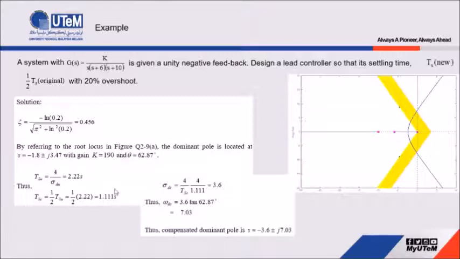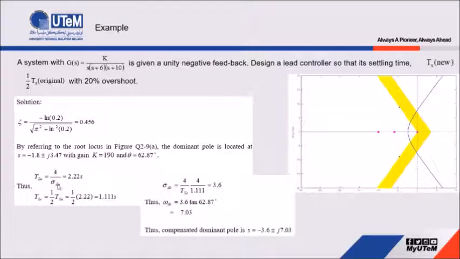From this new value of Ts, we can find again the new dominant pole after design. From here we calculate the new sigma. We can use the same formula where we calculate the Ts, which is Ts equals 4 divided by sigma.